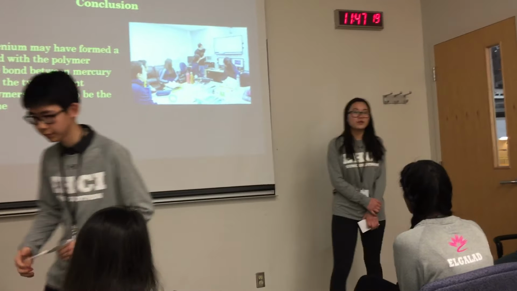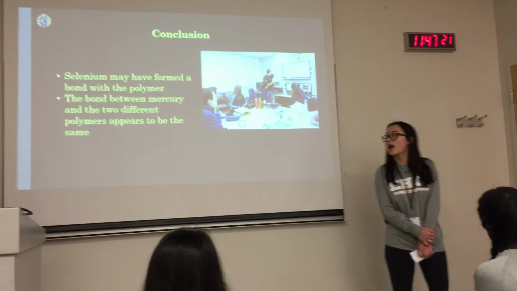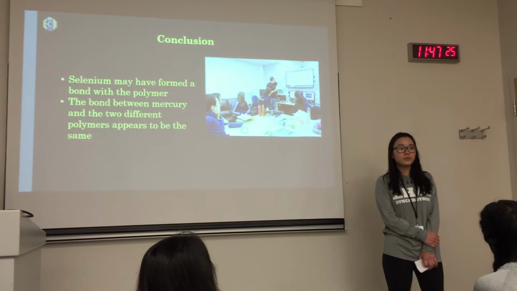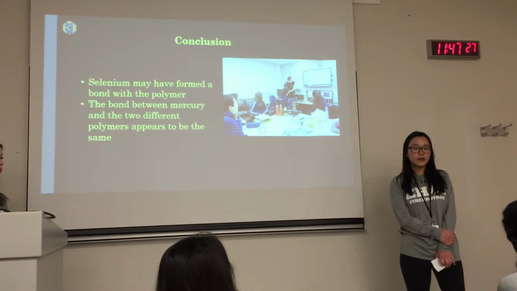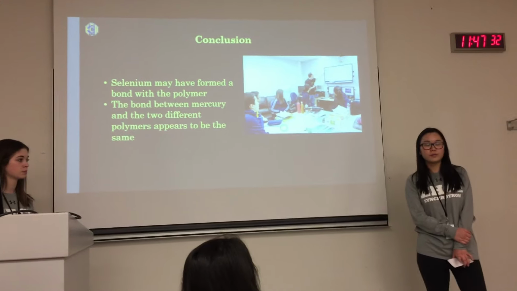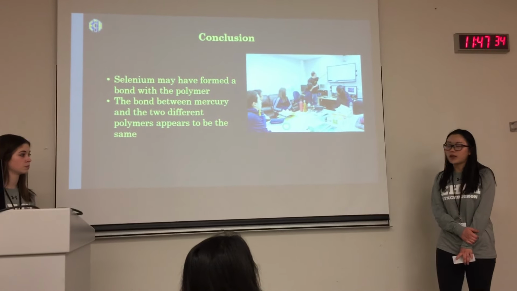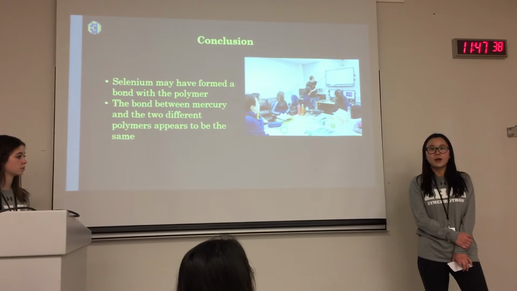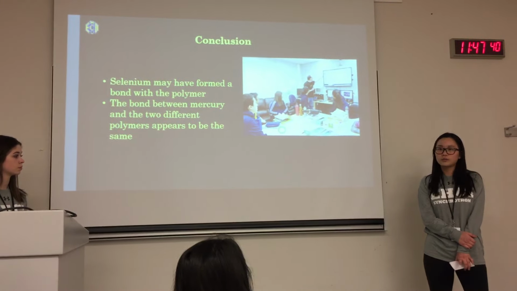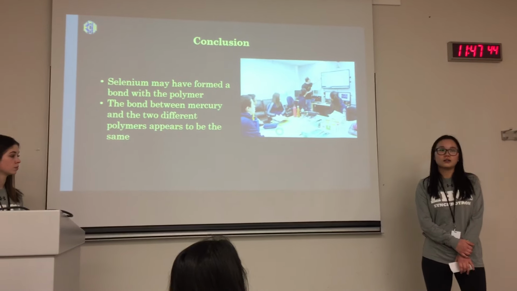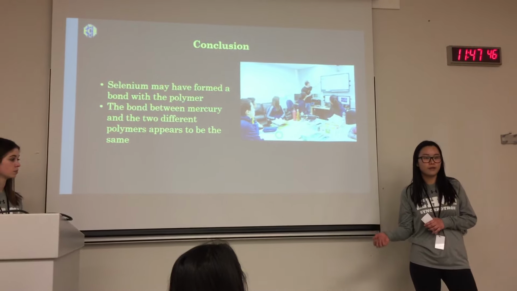So up to now, we don't have an answer to what the compounds are, but from our results, both mercury and selenium have likely bonded to the patent-pending polymer, respectively. And the products are not the standards we scanned, so we suppose that could be something else, or a combination of the standards we have.